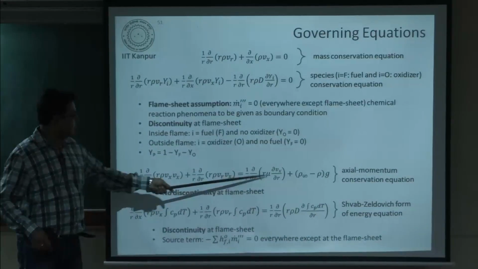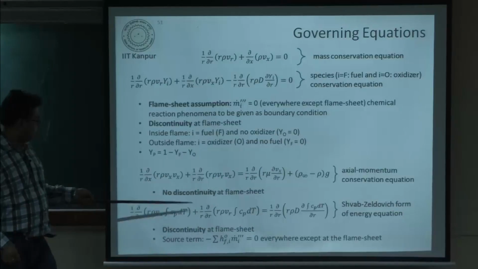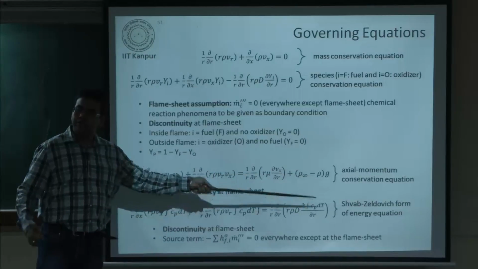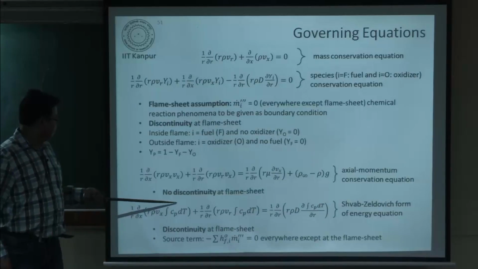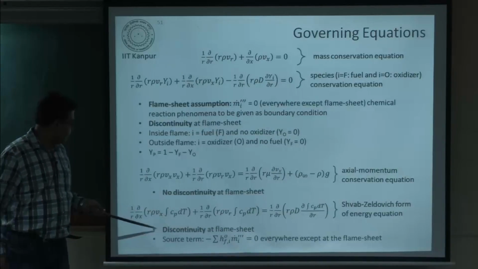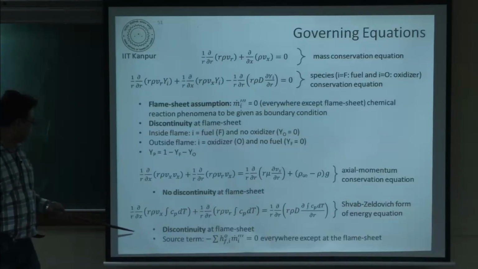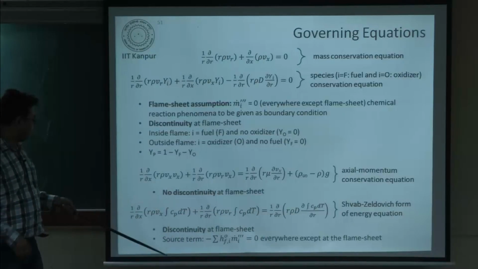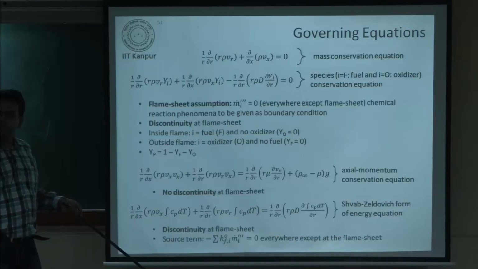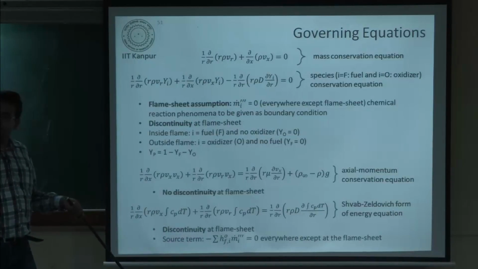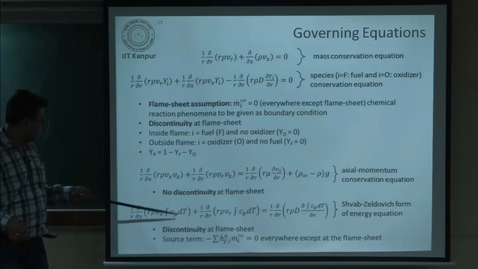This is the axial momentum conservation equation, and this is a special term that you need to consider, the buoyancy term. Similarly the energy equation, where we are taking the Shvab-Zeldovich form, and we can assume that all the species have the same specific heat and then simplify this.